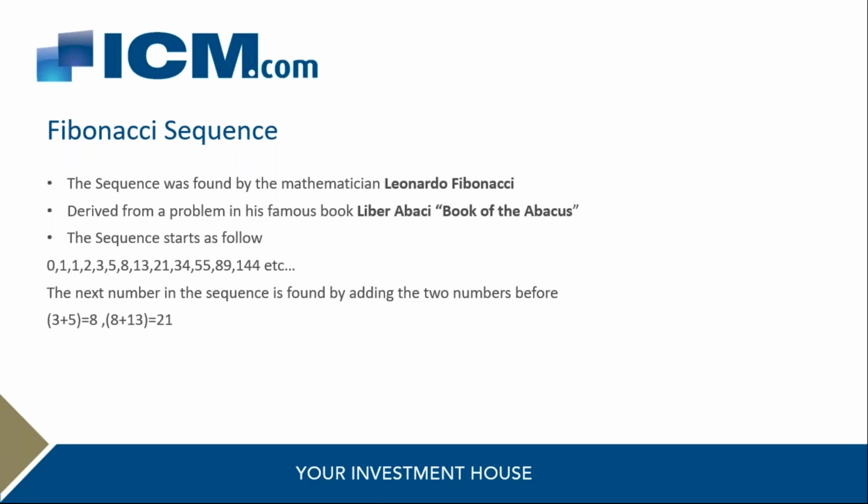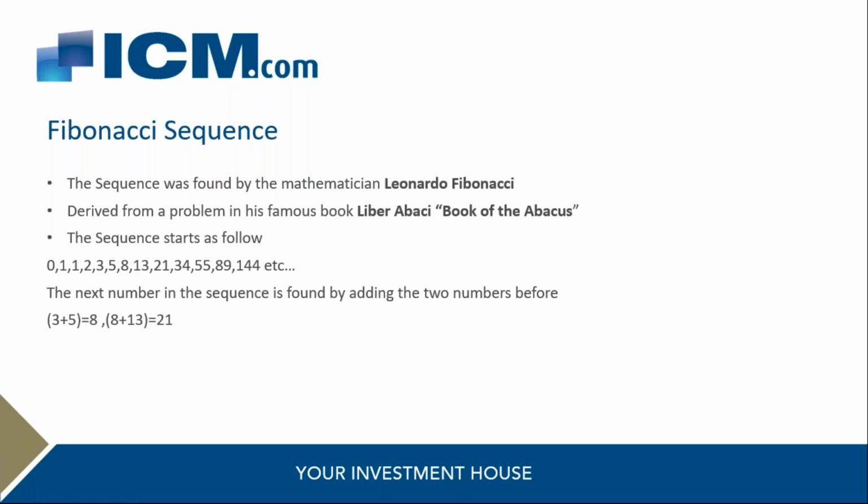The Fibonacci sequence was found by the mathematician Leonardo Fibonacci, derived from a problem in his famous book Liber Abaci, a book of the abacus. The sequence starts as follows: 0, 1, 1, 2, 3, 5, 8, 13, 21, 34, 55, 89, 144, and this goes on.